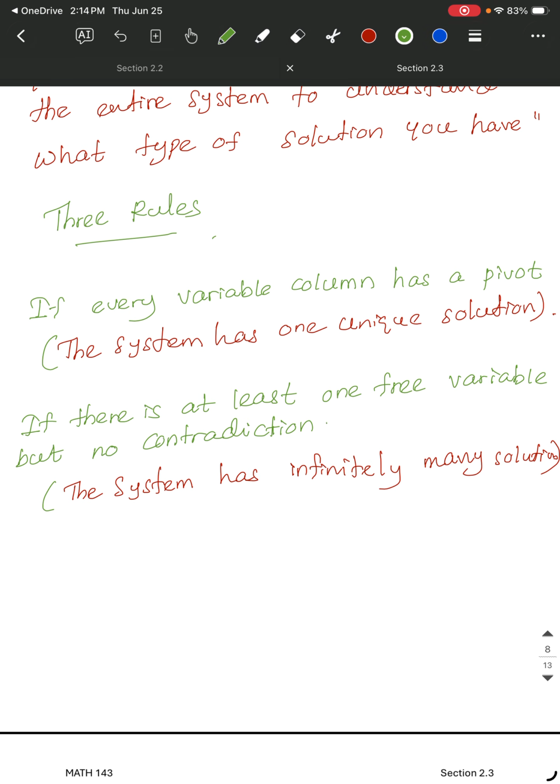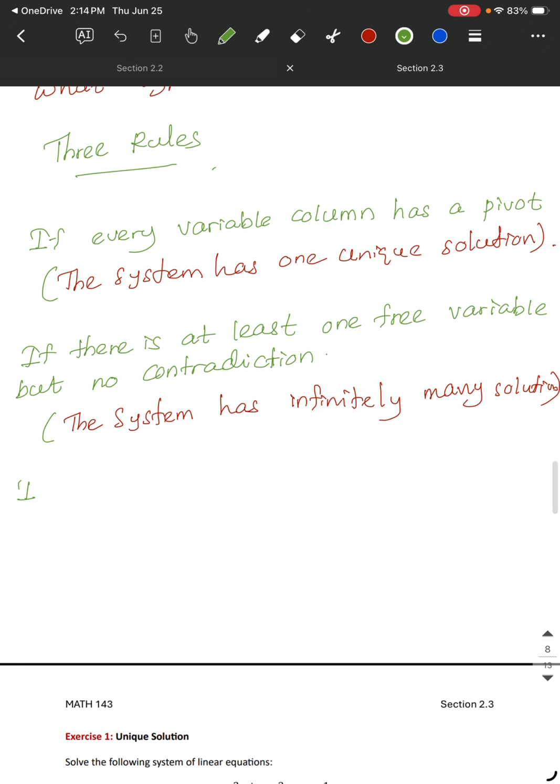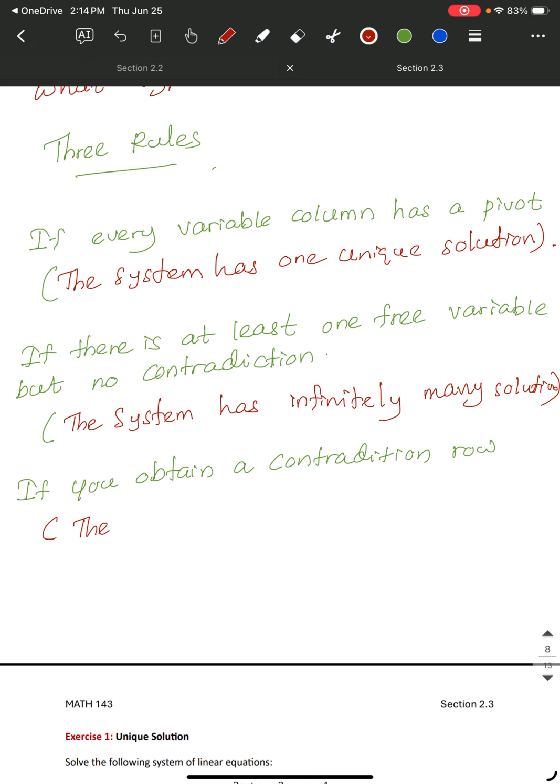Also, finally, if you obtain a contradiction row, then the system has no solution. Right? These three rules will help you quickly classify almost every system.